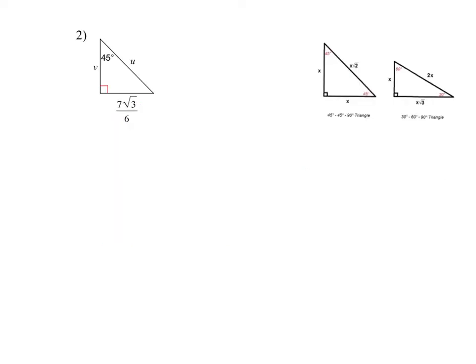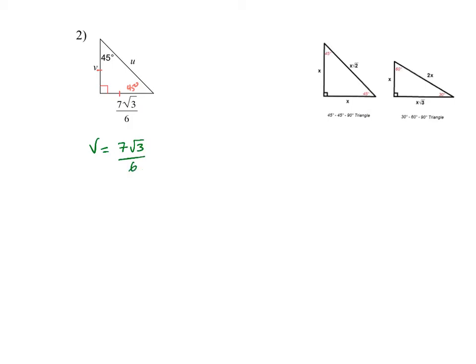Okay, so the second one, this one is a 45, 45 triangle. As you can see, those two legs are congruent to each other because it's an isosceles triangle. So in this case, B equals 7 square root of 3 over 6.